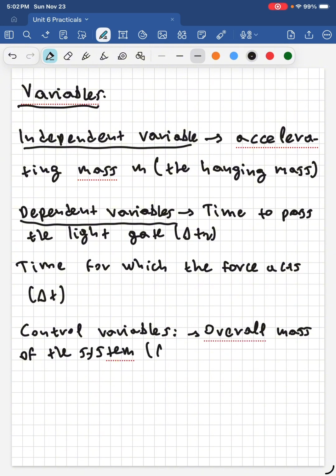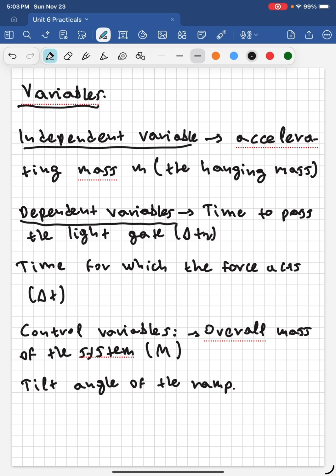So M pretty much, okay, the trolley. And the tilt angle of the ramp. So these are variables that affect your experiment, but they shouldn't, because you set them up once and you work with the experiment then after you set them up, okay?